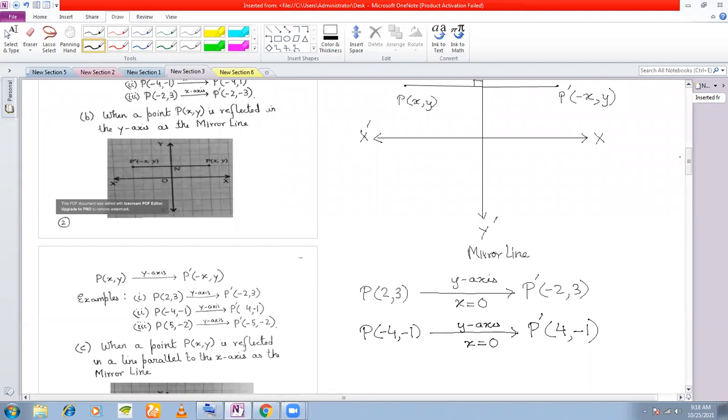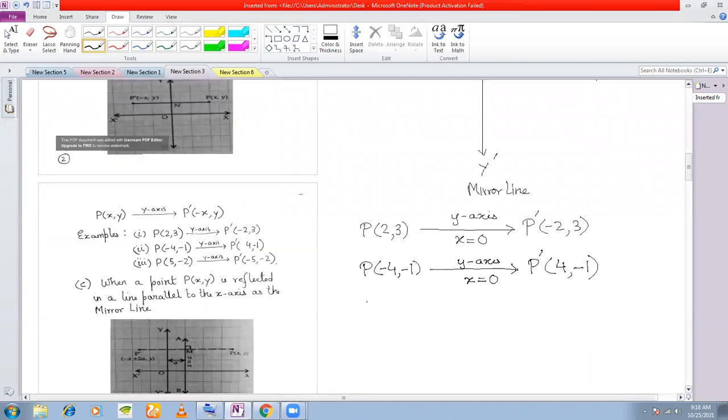Another point. I want to reflect it in the y-axis. So what do I do? I change the sign of the x coordinate from +5, it becomes -5, and the y coordinate remains the same.